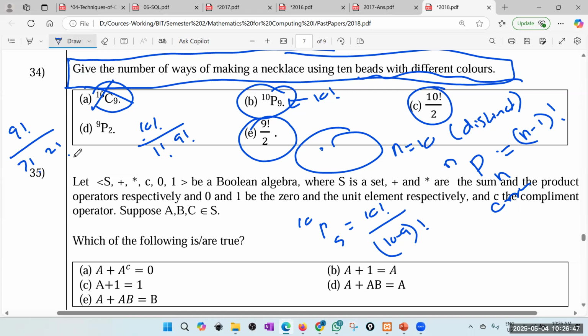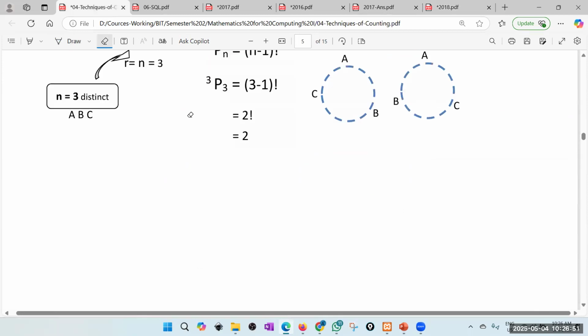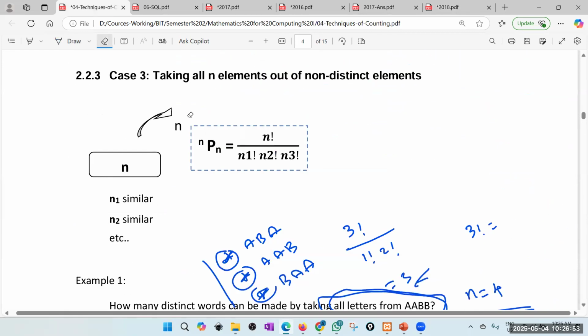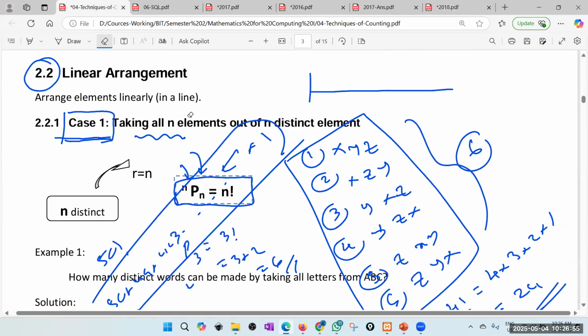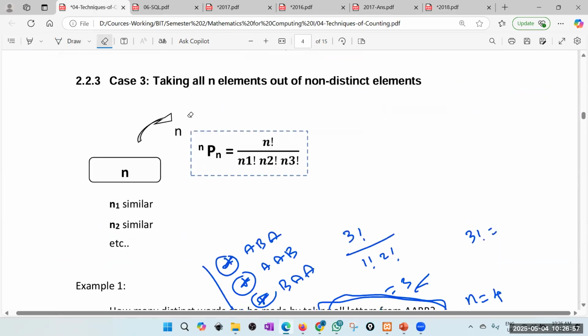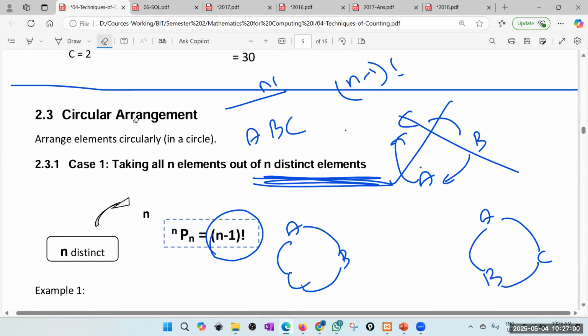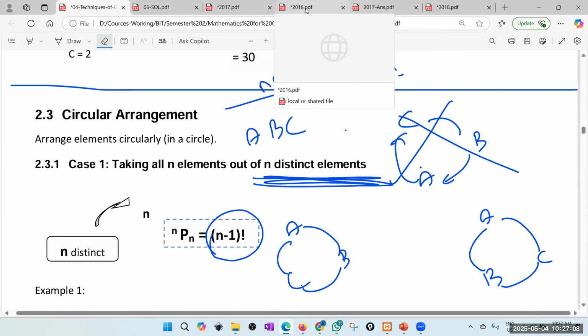So this should be factorial 9. Double check the circular. Linear. Circular. Yeah, factorial n minus 1. So for me, none of these are answers. Let's double check the answer.